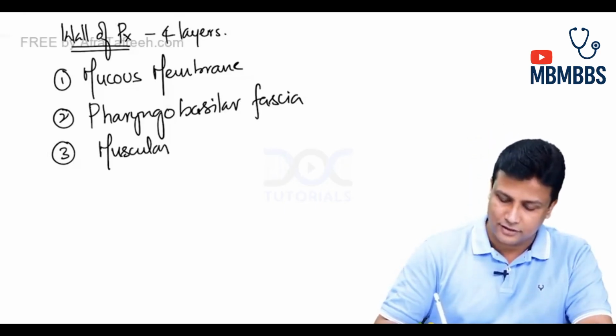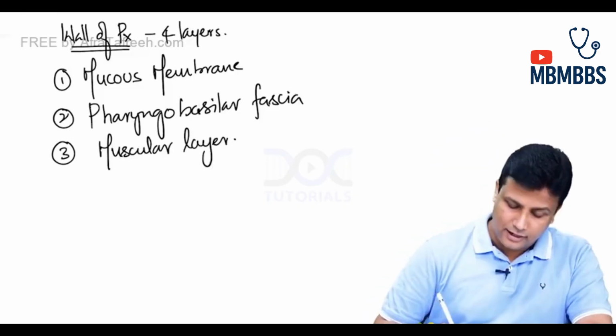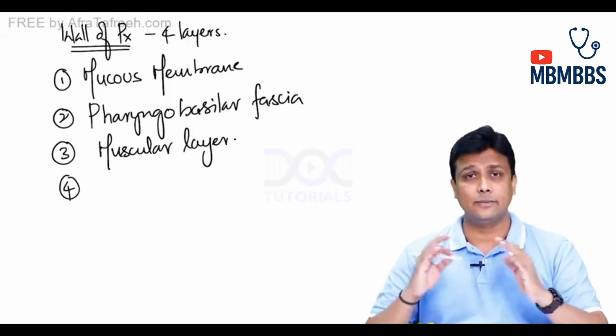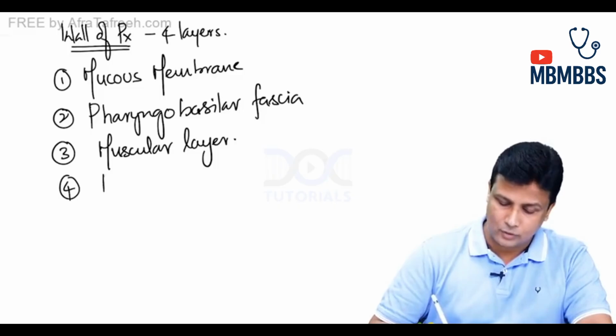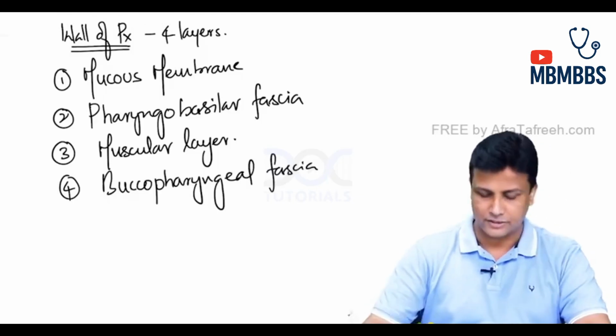Whatever muscles we have written just now, all those will be present in this muscular layer. And then again, outside these muscles, there will be a fascia. It is covered by fascia on the outer side, and that will be the buccopharyngeal fascia. Perfect.